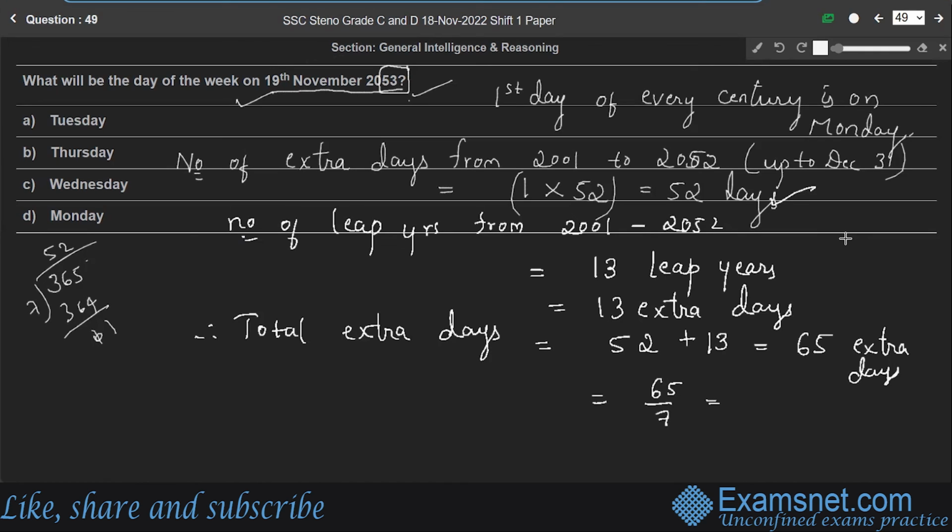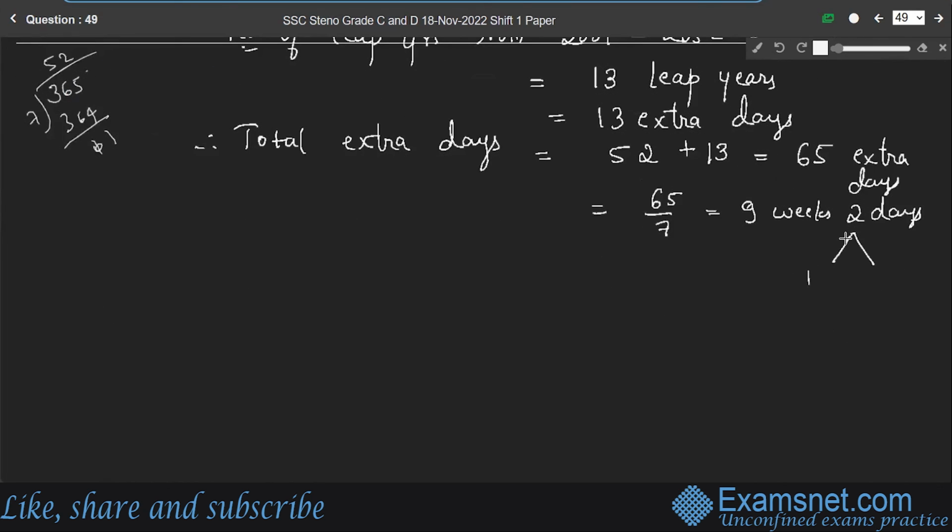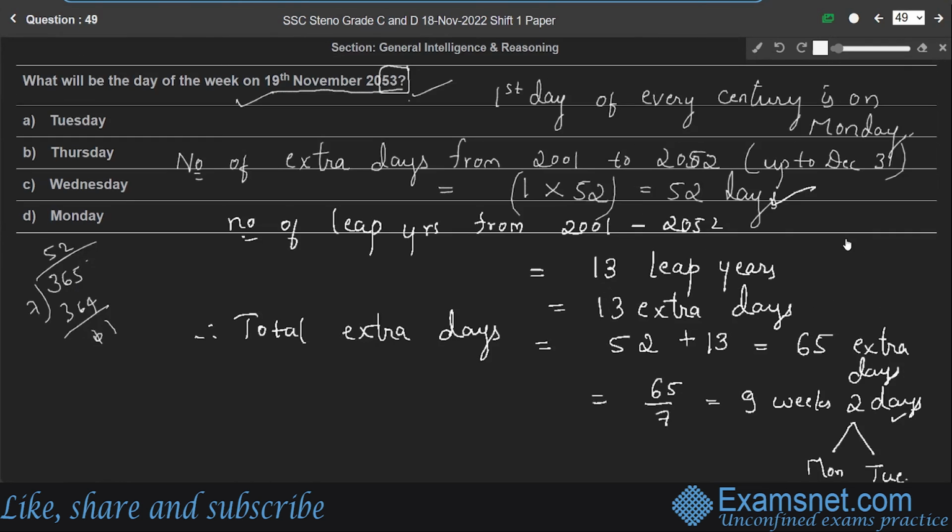So 7 into 9 is 63. So 9 weeks, 2 days. So these 2 days are Monday and Tuesday. So 9 weeks means from Monday to Sunday, and the extra days are Monday and Tuesday. This is up to December 31st of 2052.